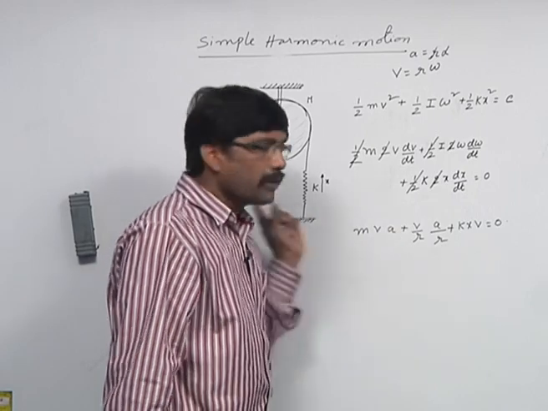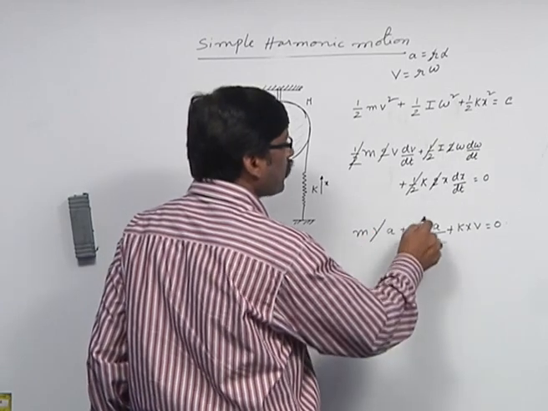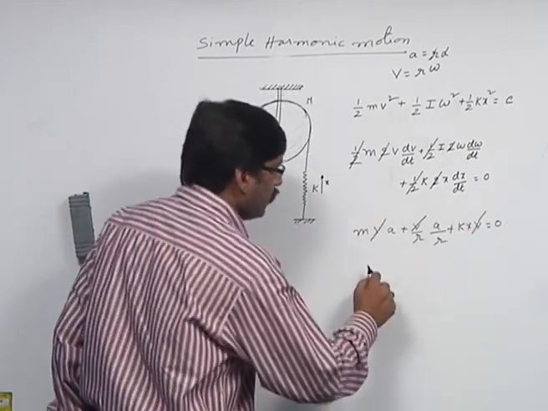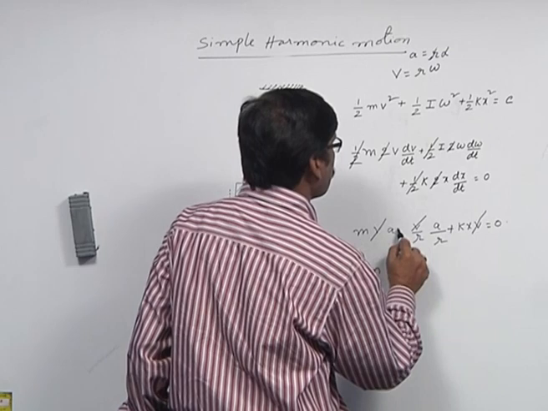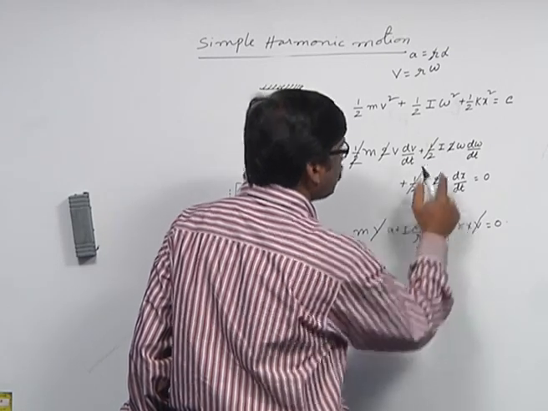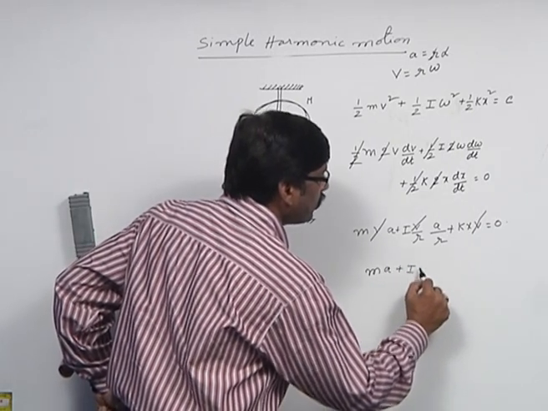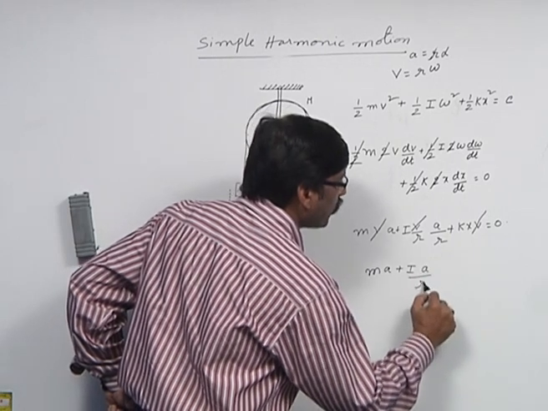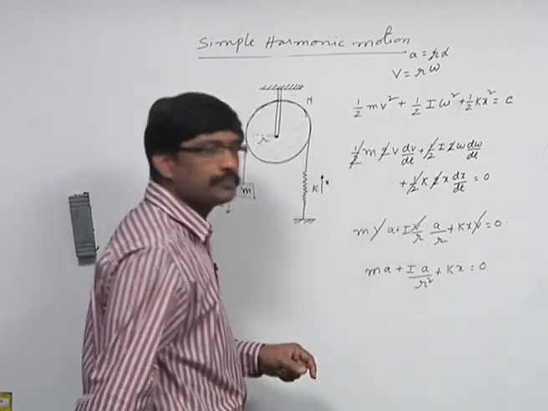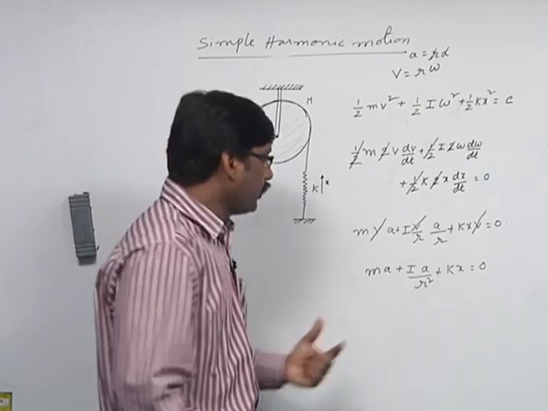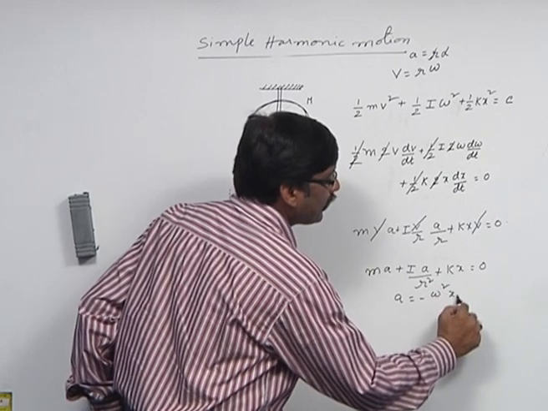Now, everything is converted from angular quantities into linear quantities. V is anyhow common, gets cancelled. So, M a plus I a by r square plus kx is equal to 0. So, finally, we get an expression where acceleration a is equal to minus omega square x.